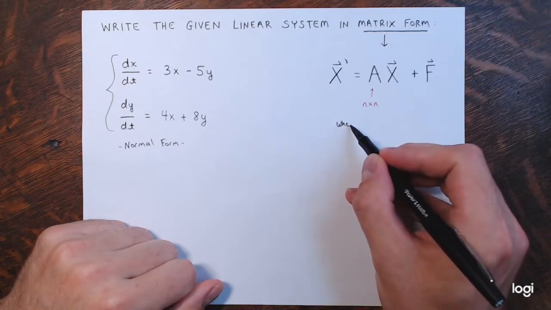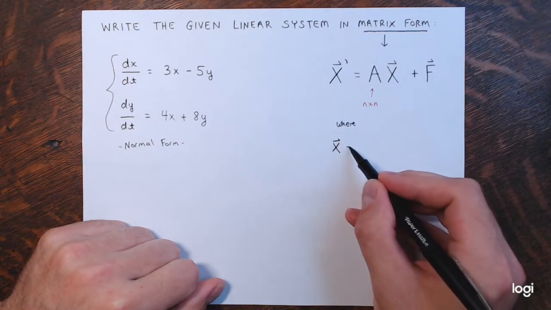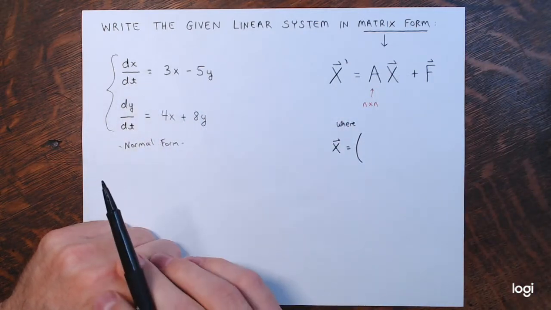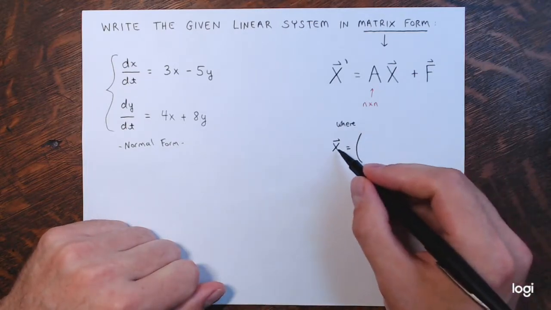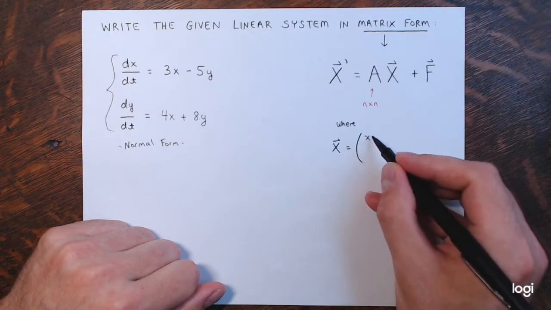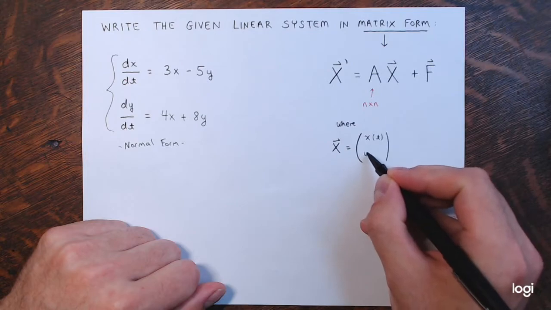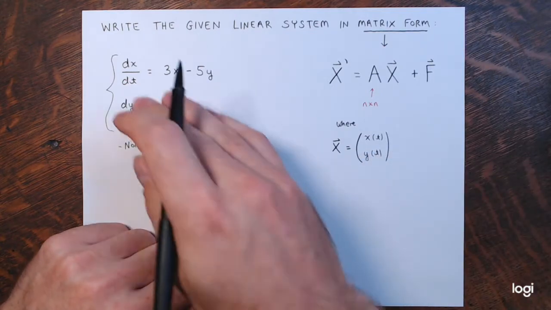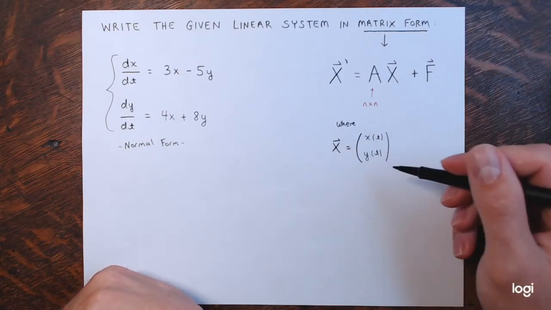So again, I'll write out what these mean. In this two equation, two unknown function system, the vector x just consists of those unknown functions: x of t for the first component, y of t for the second component. And when we get into three equations with three functions, the vector x will be a 3 by 1 vector.